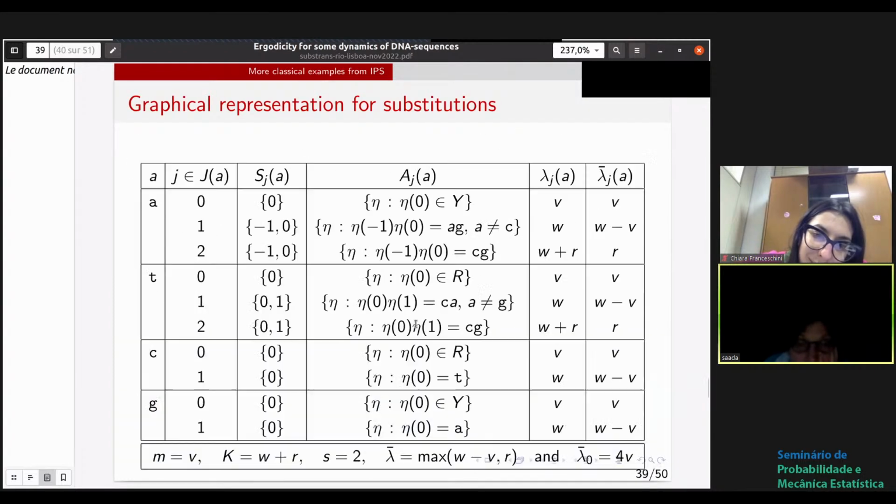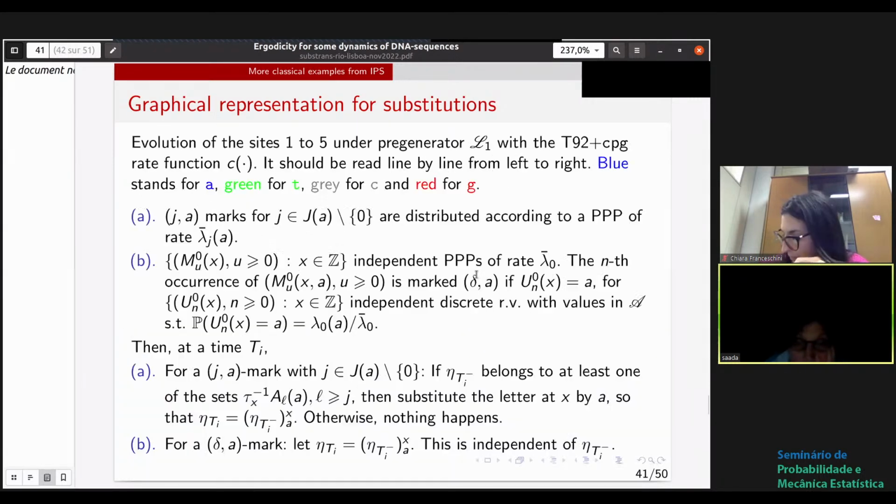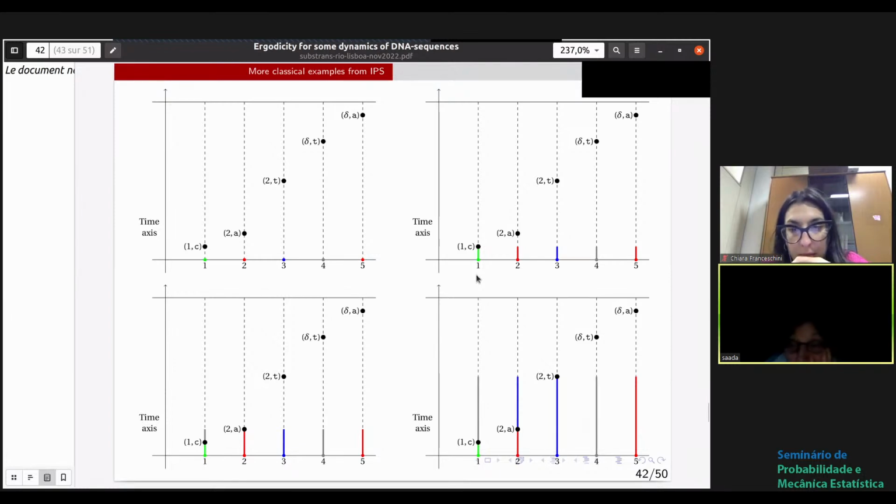So let's go back here. No, it cannot change to T here. It can change to T only in the first line, and that's not something that we consider with these marks. So it's not possible.